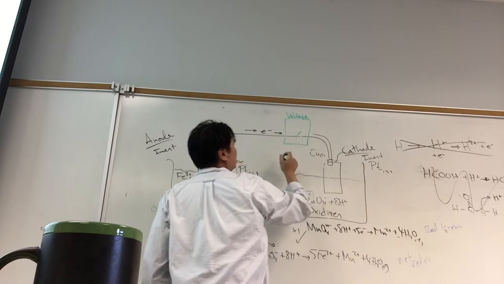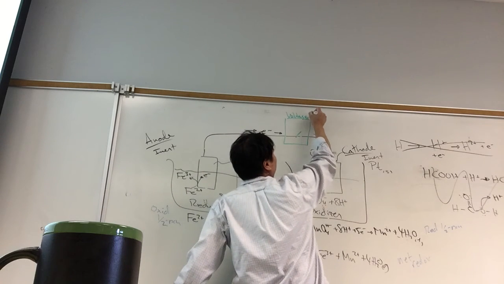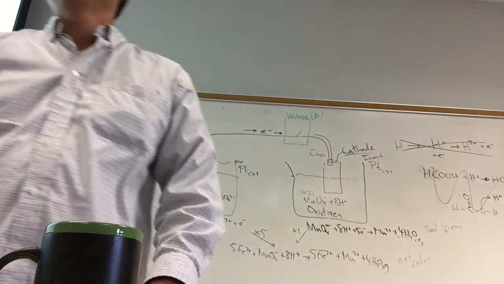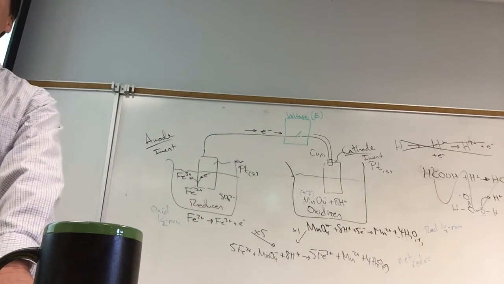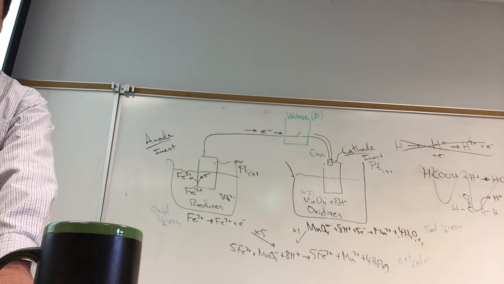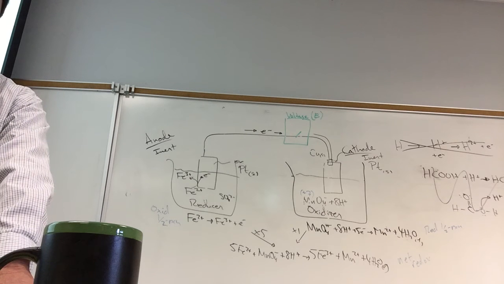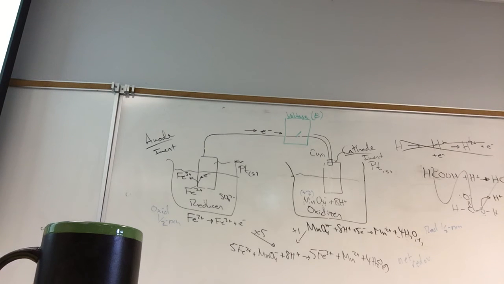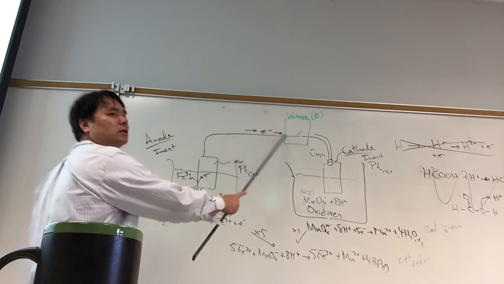The voltage is given the symbol E or V. In our book, it's given the symbol E. E stands for electromotive force or potential, EMF. It's a force pulling the electrons through the circuit.